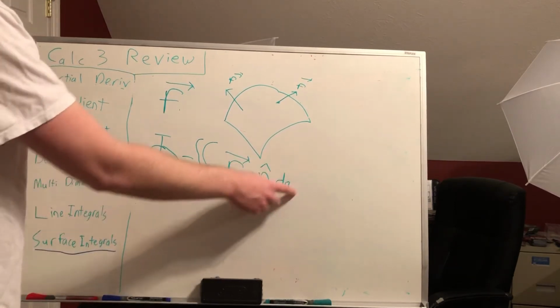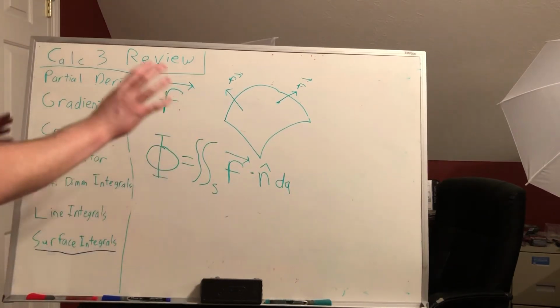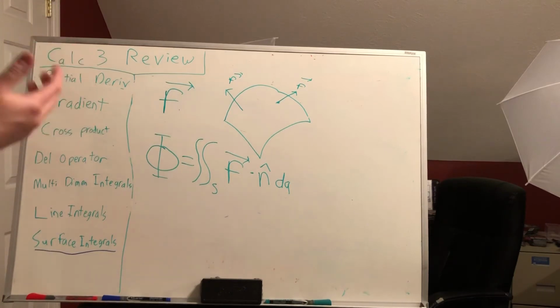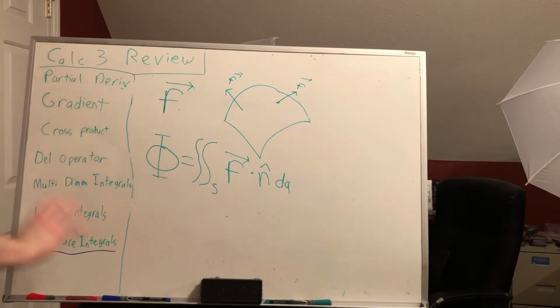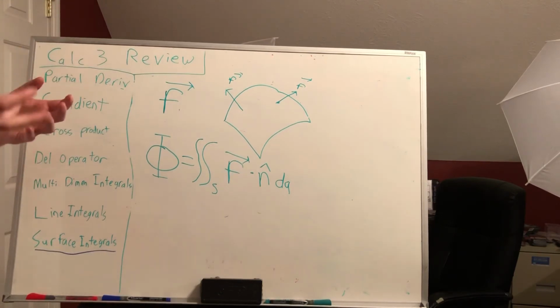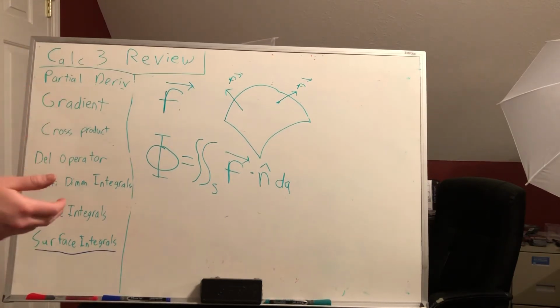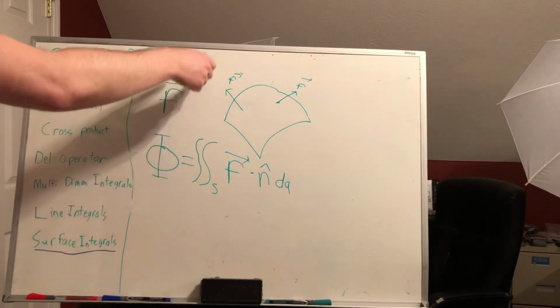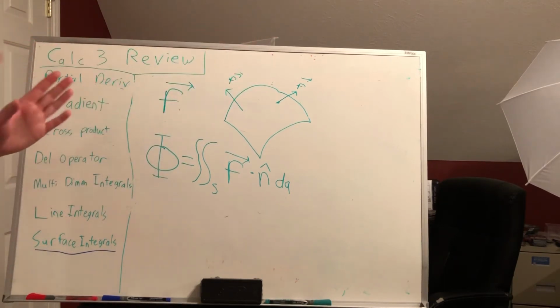Then comes this dA and the integral symbol, and what that just means is you have to integrate up over the entire whiteboard. Where this can get kind of complicated, like if you have a weird surface, and especially if your flux is changing over the surface.